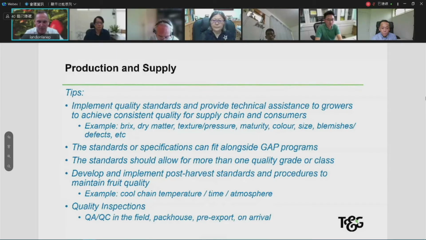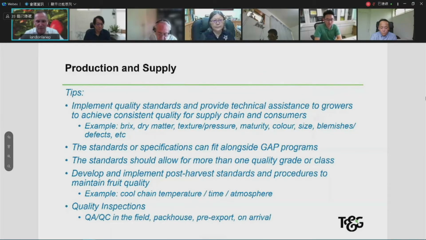For example, the kinds of parameters that should be included in a quality standard for your fruit would be Brix, dry matter, texture or pressure, maturity indices like starch, colour, size, blemishes, defects, etc. All of those points should be clarified as to what is the acceptable standard required, because then you are able to deliver the consistent quality that consumers want, but also a product good enough to be shipped and stored and sold successfully over long distance, as well as locally.